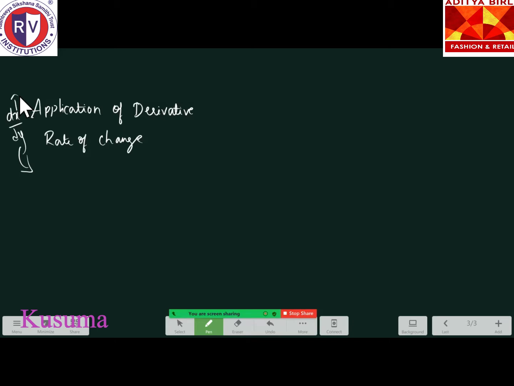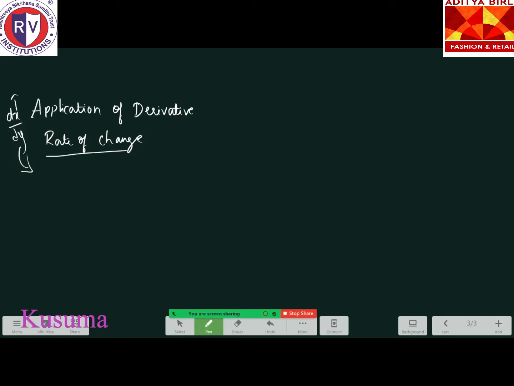Whenever y changes, what is the change in x? That one we are going to find out here. It is the rate at which one quantity changes with respect to the other. That is the meaning of derivative. Also, derivative can be told as the slope at a point on a curve.